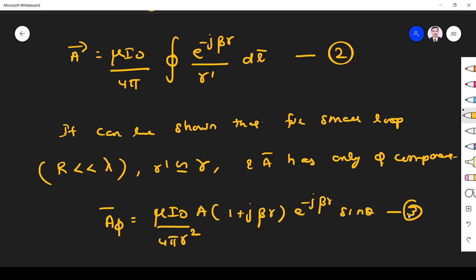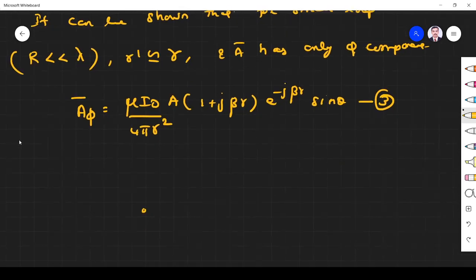This is equation number 3. No need to derive this equation, directly you can write, where A is equal to pi r square, the area of the loop or loop area.